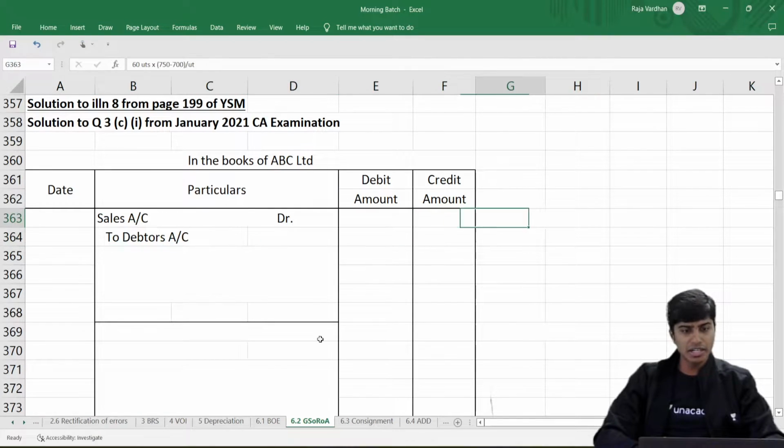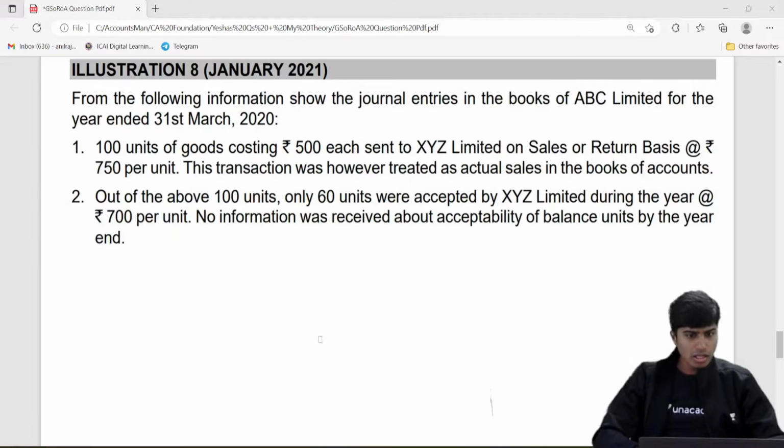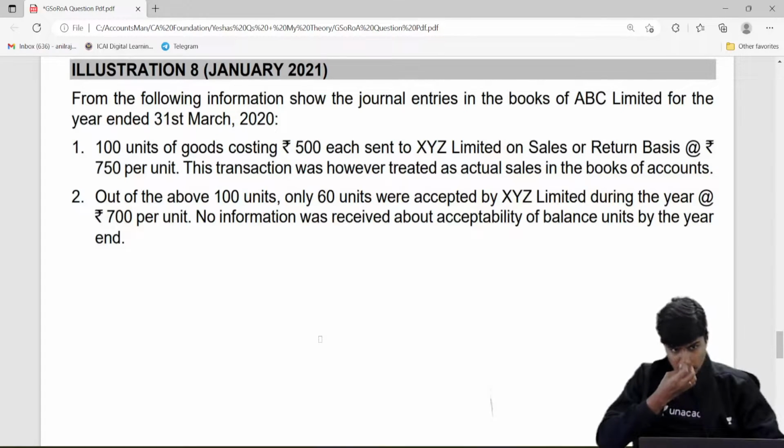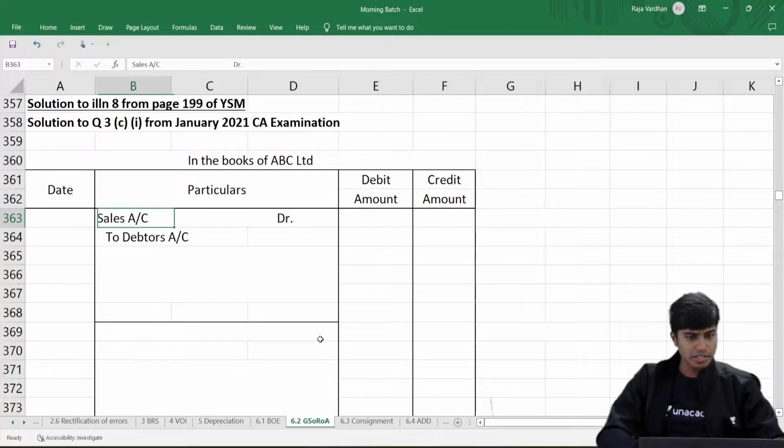Shall I reverse the sale entry for... Okay, wait a second. We've sent that out of the books. 500 each is the cost. It's been accepted at 700. So we would have to write the entry for those units. We need to increase the price. Wait a second.